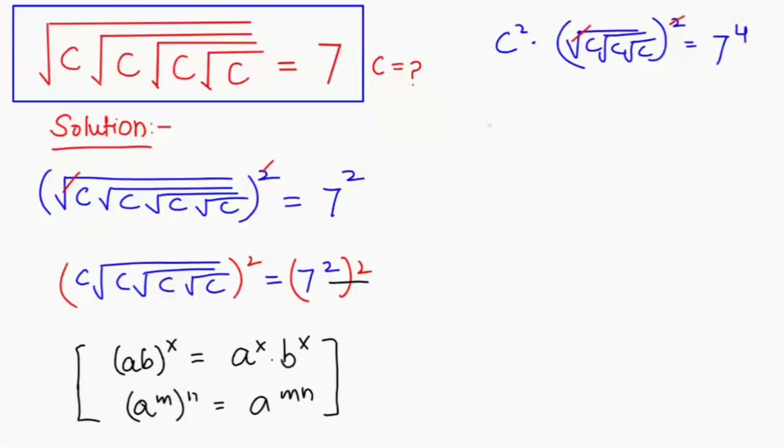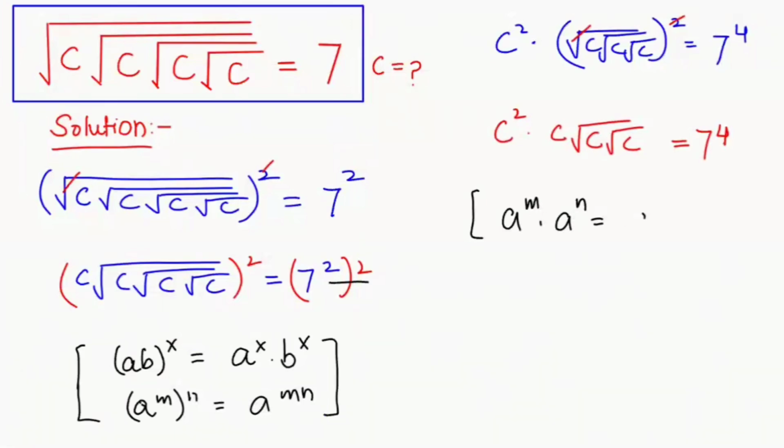So the next expression we get is c to the power of 2 times c root of c root of c equals 7 to the power of 4. Now I am going to apply the exponential rule, that is a to the power of m times a to the power of n can be written as a to the power of m plus n.